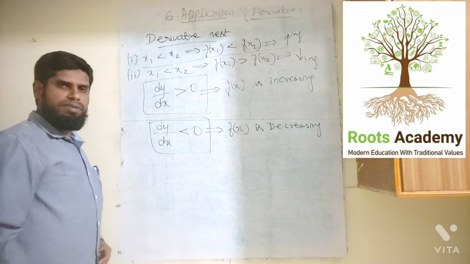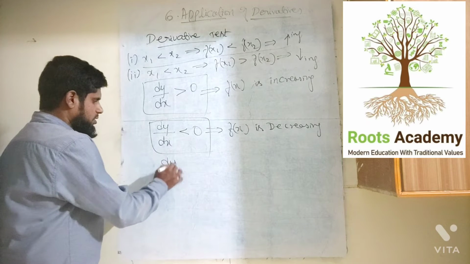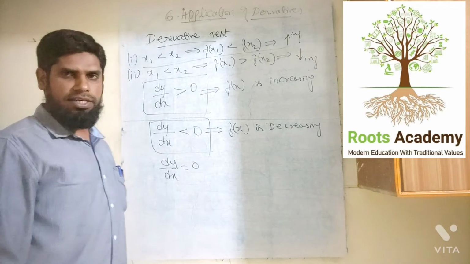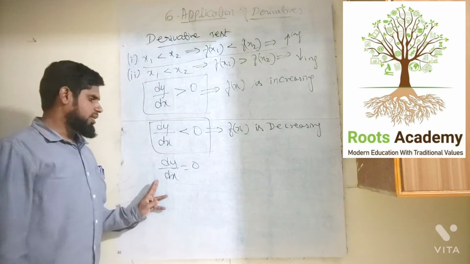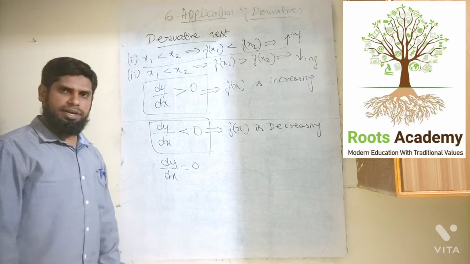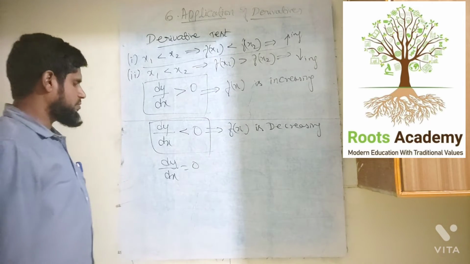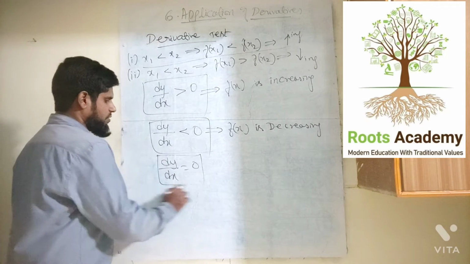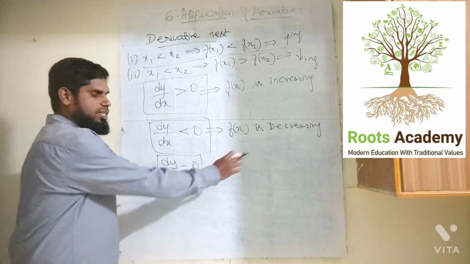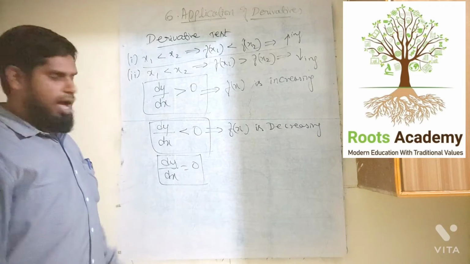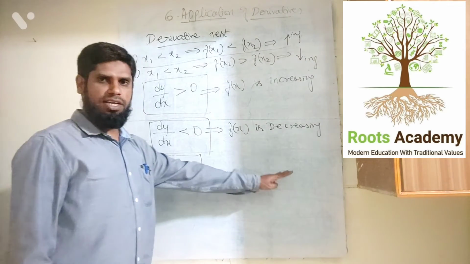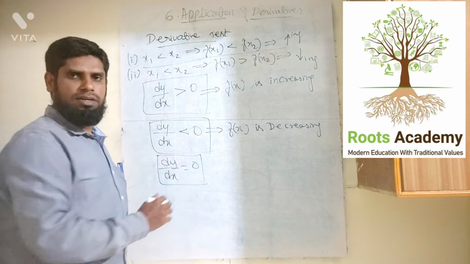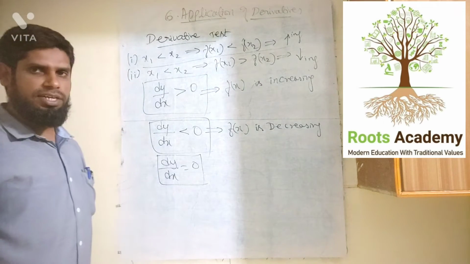Students, if suppose the derivative is 0, constant, then in that case it is neither increasing nor decreasing. You can call it a constant function. As I explained in the increasing and decreasing graph, if at some particular point the function is not changing, then it is a constant.